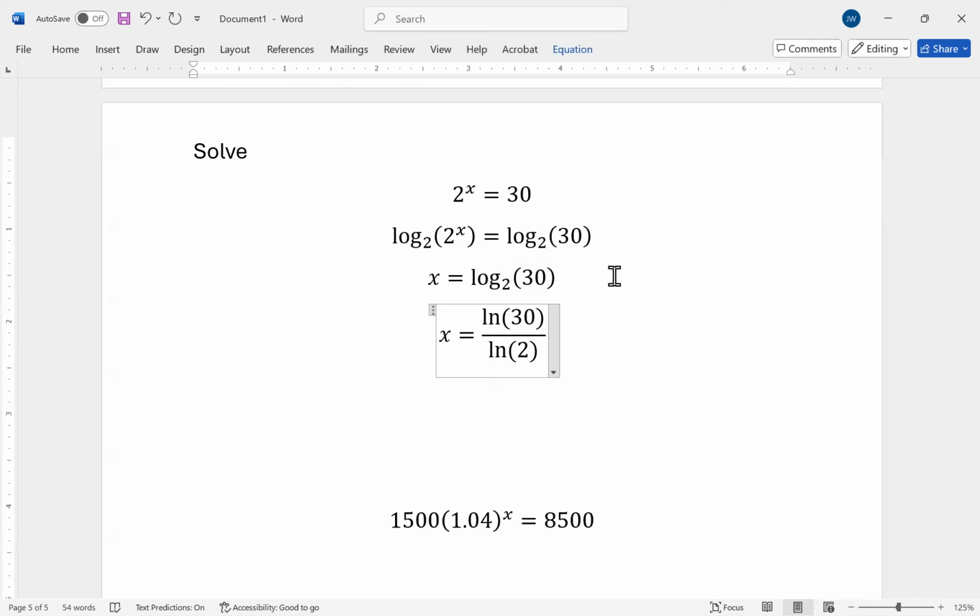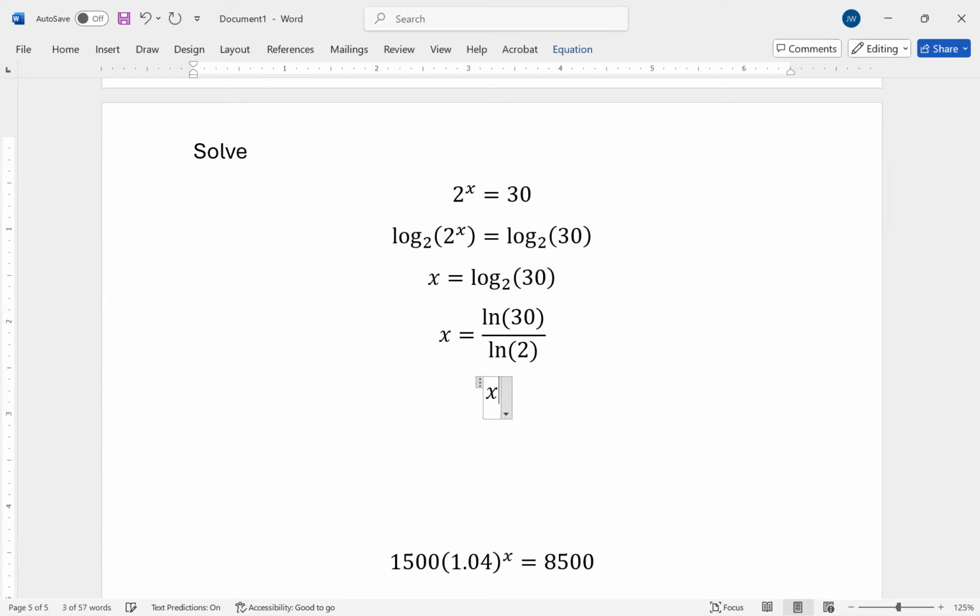And if I do that, I get about 4.91. So x is about 4.91 rounded to 2 decimal places. And you can check that by plugging it in to my original equation. So this is one way: apply log base 2 to both sides.